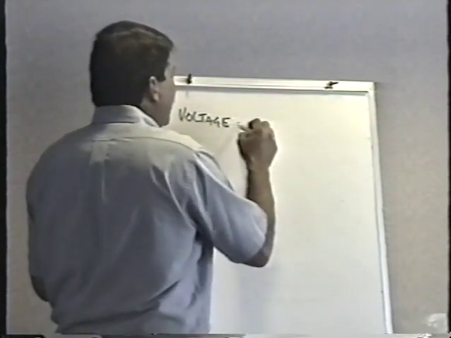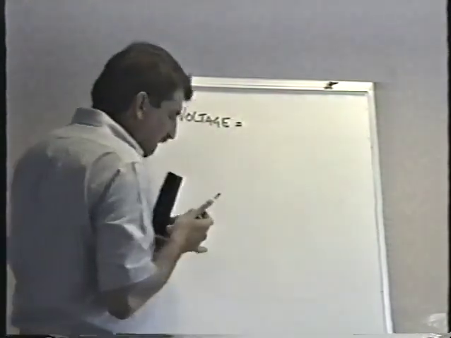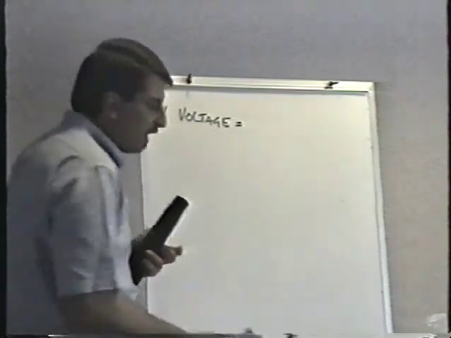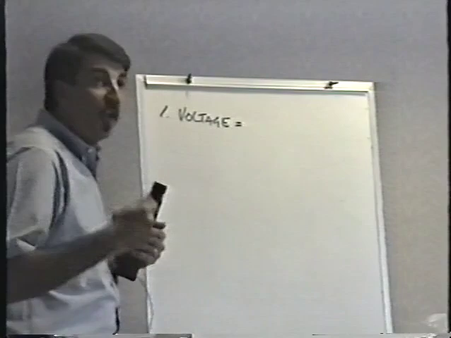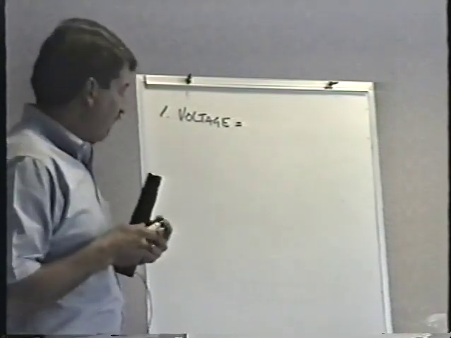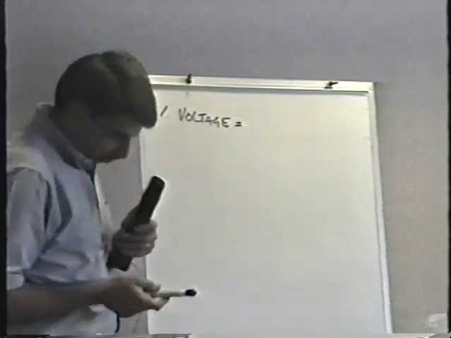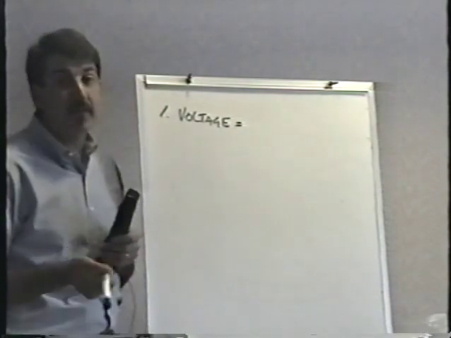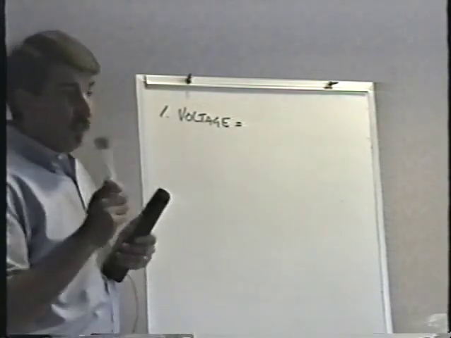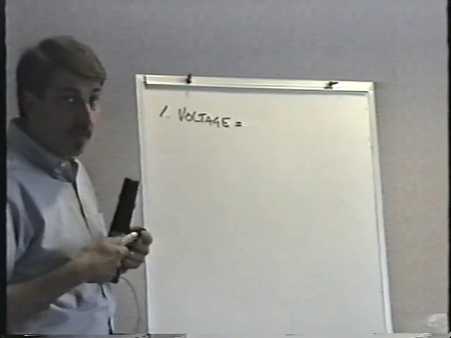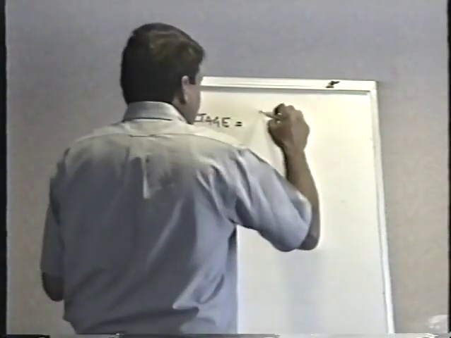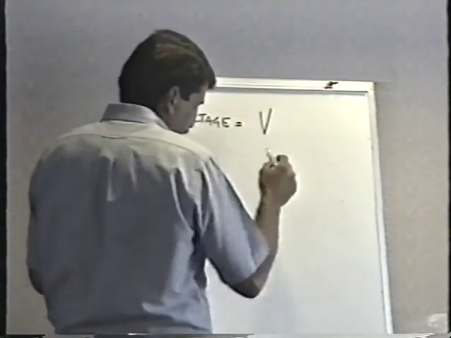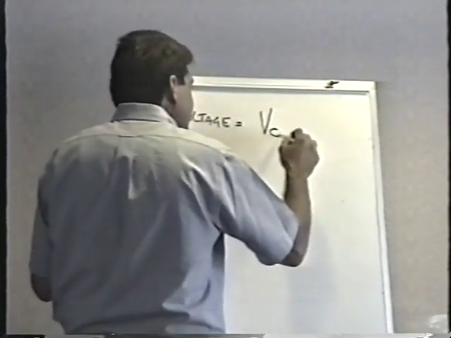Remember that in the diode, we called the voltage rating the PRV, the peak reverse voltage, or PIV. We have yet another name for the voltage rating of a transistor. Now, there are actually many different voltage ratings for transistors, but there's only one that we really care about. It's known as V sub CEO.